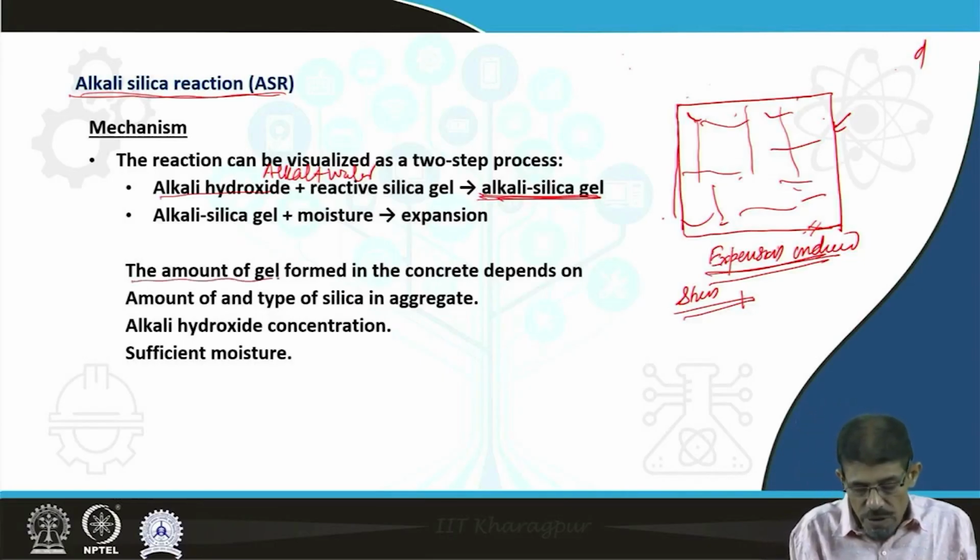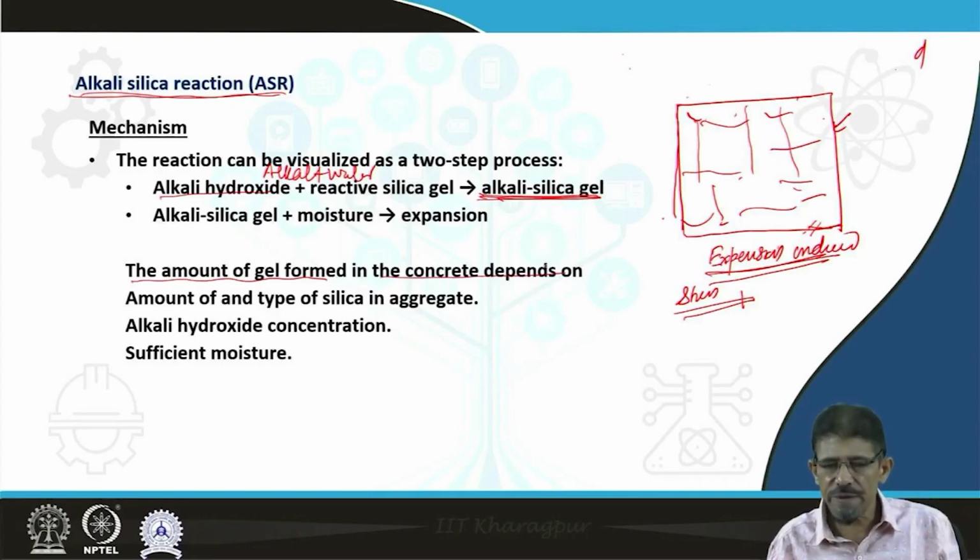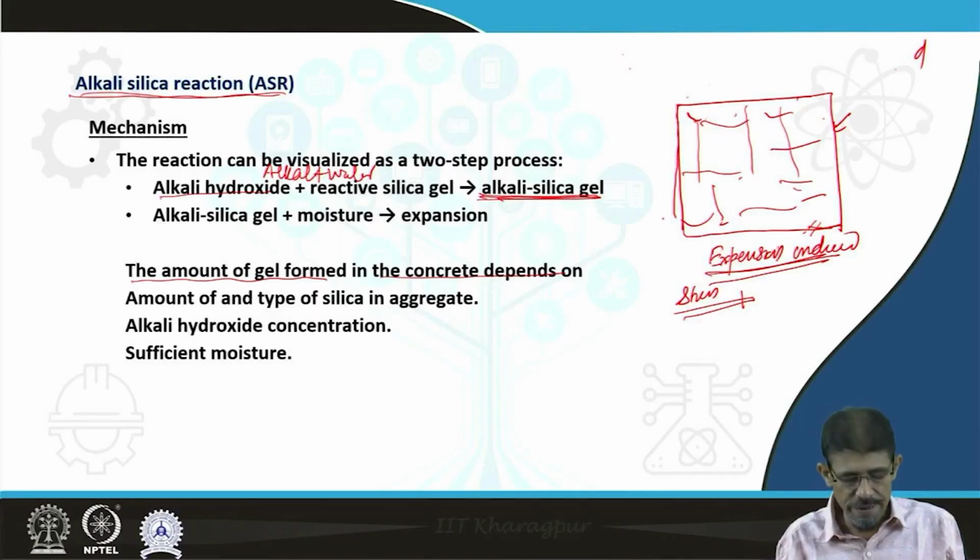The amount of gel formed in concrete depends, first, on the quantity of silica-containing aggregate, the amount and type of silica aggregate, and the number of aggregates containing such hazardous silica, of amorphous or deformed nature.